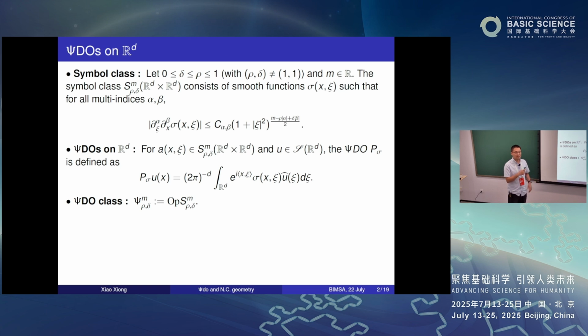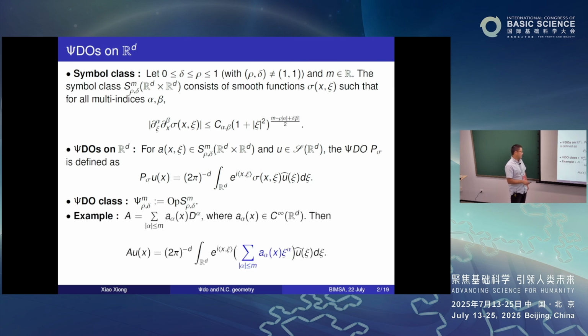We will come back later to how to understand pseudo-differential operators in this way. An example is a differential operator. In this case, the symbol of the derivative D is nothing but the function xi to the power alpha. This is a very basic example of a pseudo-differential operator.